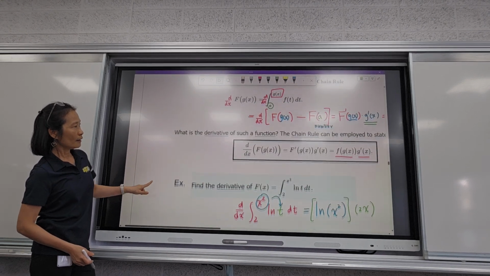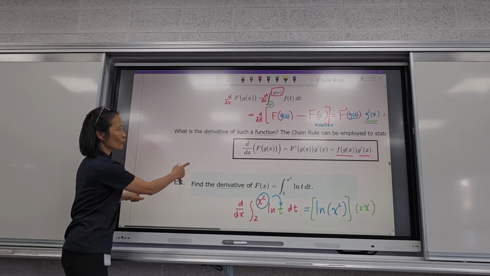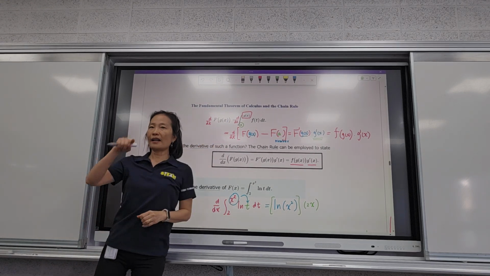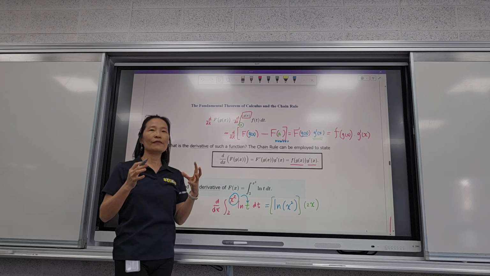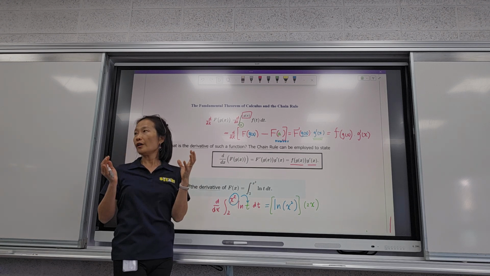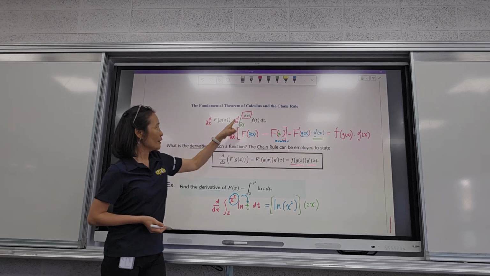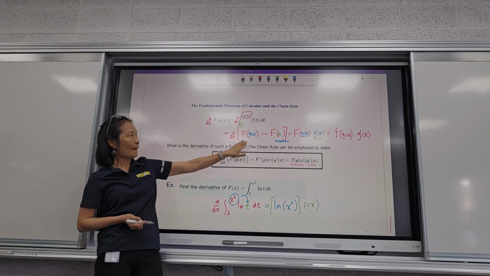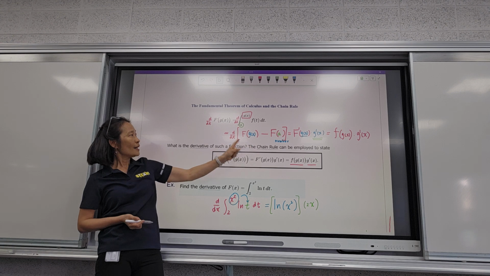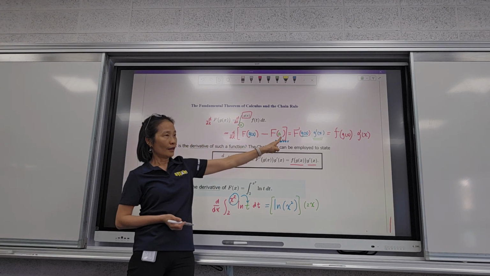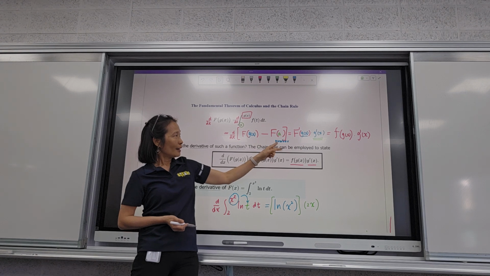Then we talked about what if the upper limit is not just x, but a function, an inside function u or g of x. So we did this all again. We integrate f of t to become capital F of t, substitute g of x, substitute a, and subtract.